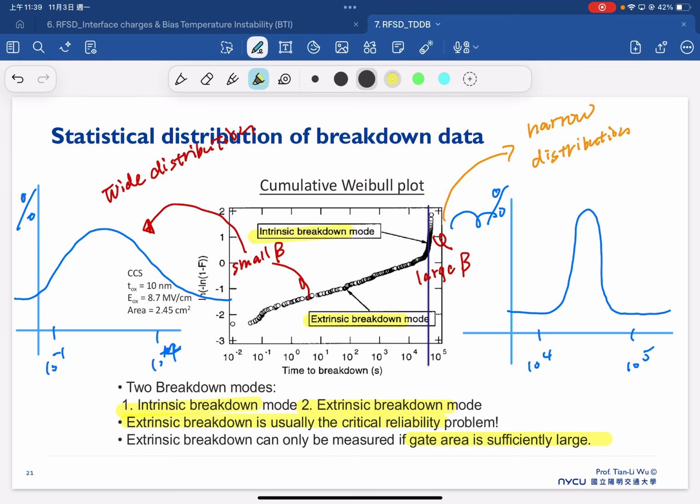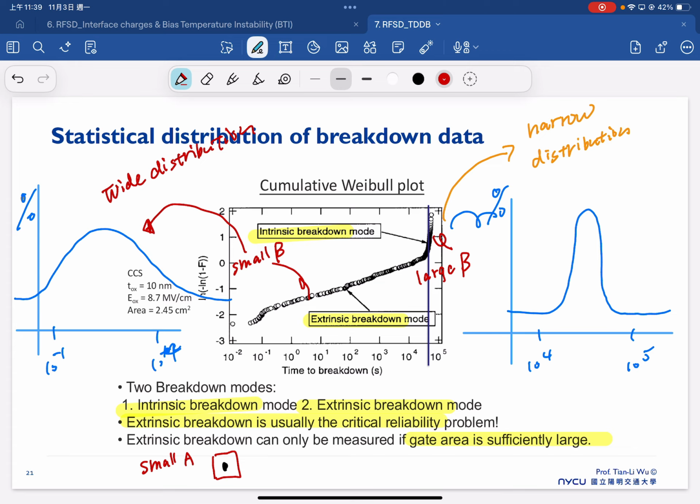This is because if you look at the small area here, we all know the extrinsic reliability is in many cases caused by defects. If you have a small area, you probably have only one defect. So that's a small area.